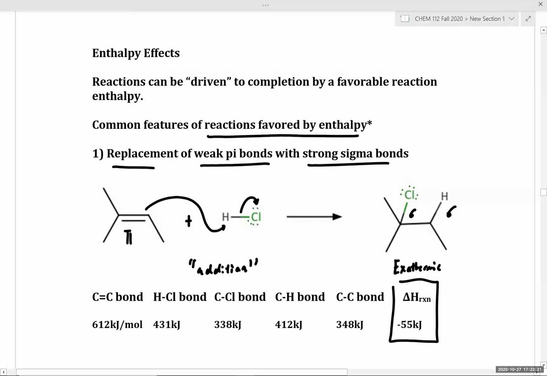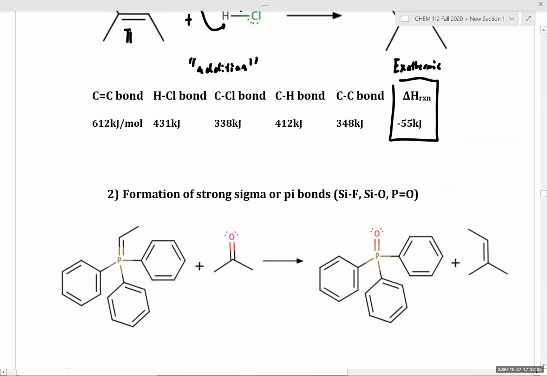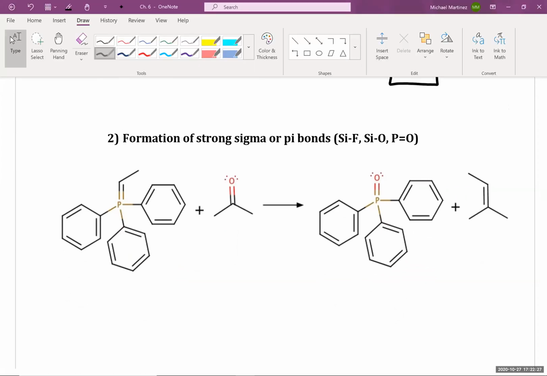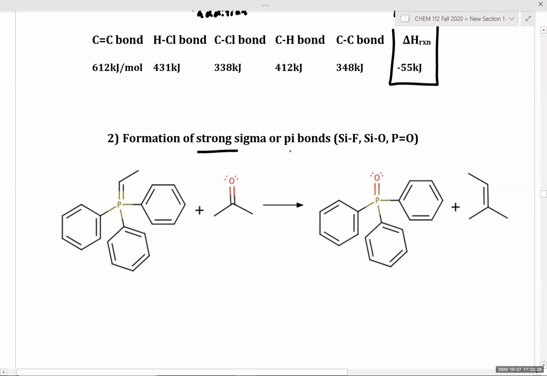So another example of reactions that are favored via enthalpy are reactions that generate very strong sigma or pi bonds. Probably the most well-known typical strong bonds that we see are a silicon-fluorine bond, silicon-oxygen bond, or a phosphorus-oxygen double bond.